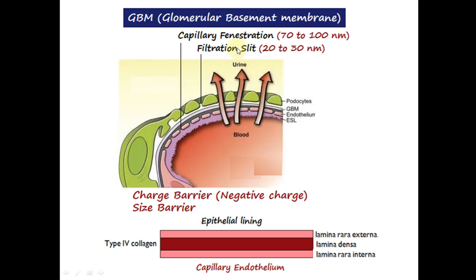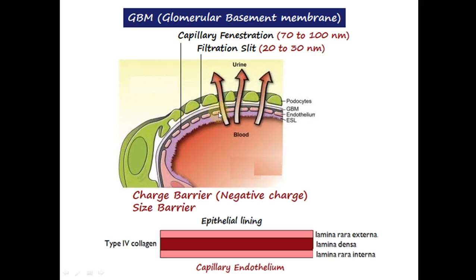So comparatively, the penetration has a wide size of about 70 to 100 nanometers, so the plasma can be easily filtered through the capillary penetrations, but before it passes into the glomerular filtrate, it has to pass through the small size barrier of the filtration slits.